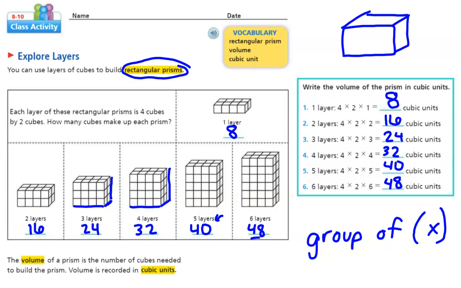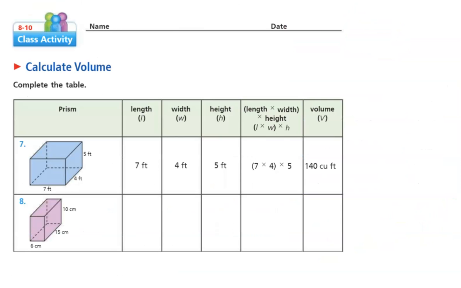Okay? So let's look at this chart that you now have in your SAB, and this is what I want to show you really quick. What they're telling you is that you have a formula to find the volume of any three-dimensional rectangular prism. Let me say that again.